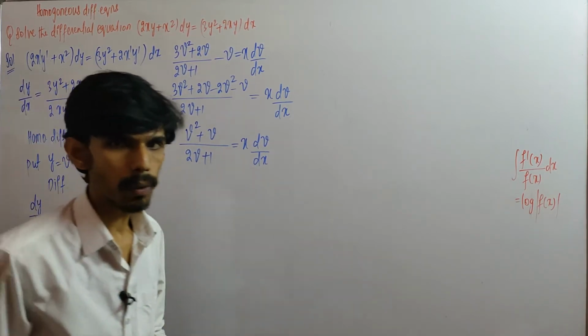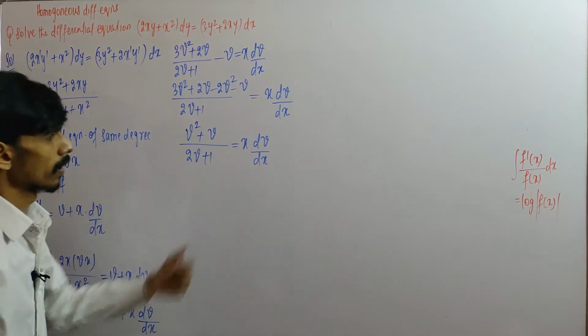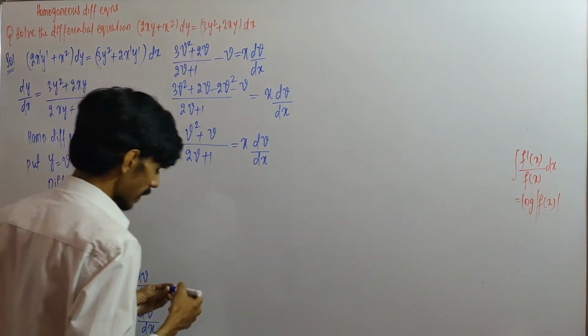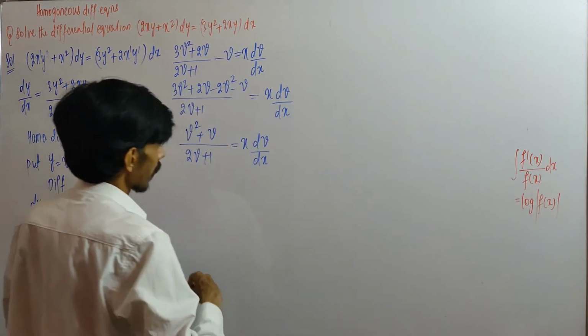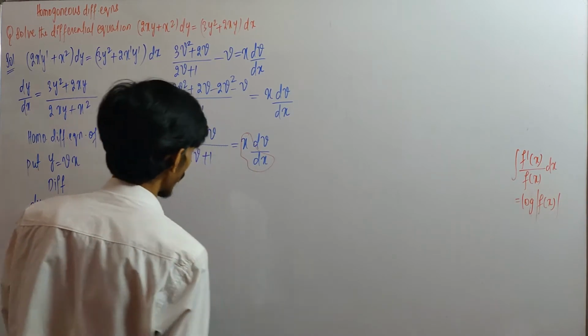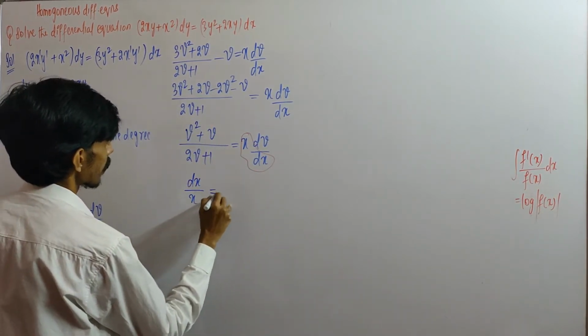Now here we have two variables, one is v, other is x. Now convert to variable separable form. Take this x dx to this side, it will become dx upon x.